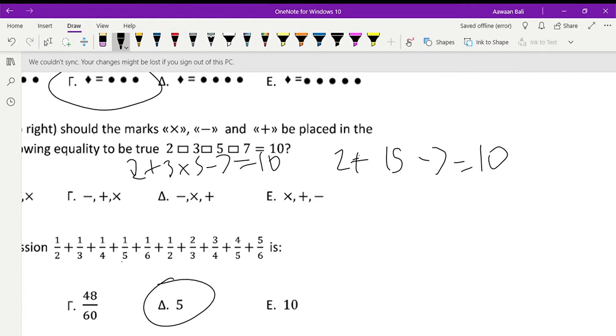Then after that, there's the A and the S. However, if it's only addition and subtraction, it doesn't exactly matter what you do first. You can just go left to right or right to left, whichever way you want. Let's just say we were following BODMAS. So then addition, 17 minus 7, and that's 10.